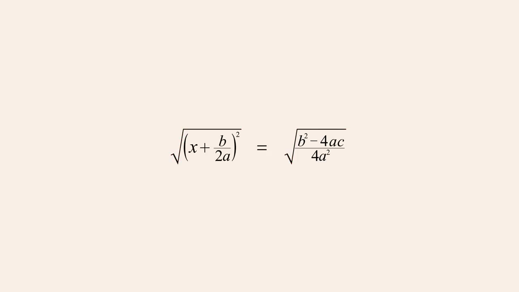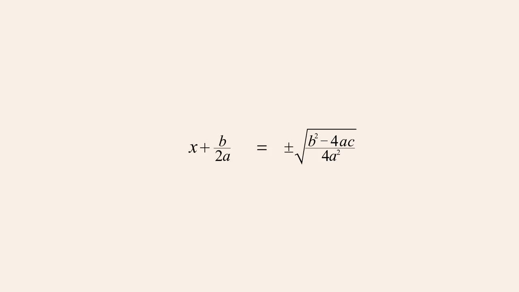As we have seen, since the square root of the square of an expression is the same as the absolute value of that expression, the square root of the square can be replaced with the absolute value operation. The absolute value of the left side of the equation can then be eliminated if we add a plus or minus sign in front of the right side.